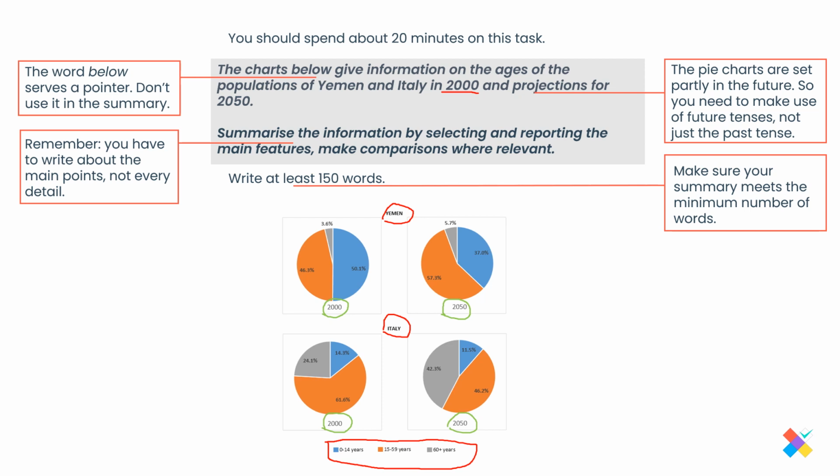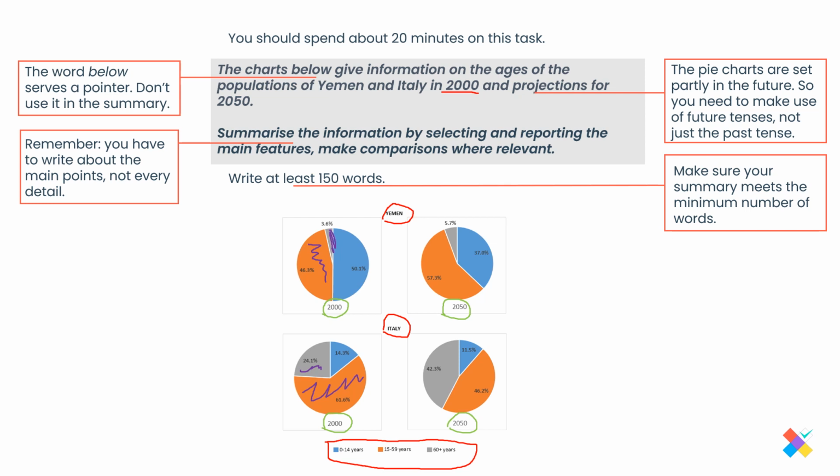So if you look at the orange part over here, and then over here, and then if you look at the 60 plus, we have more, whereas here is just 3.6. And then if you look at the predictions, it is getting older and older. Both populations are predicted to be much older in the future.